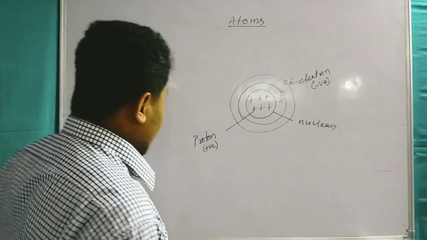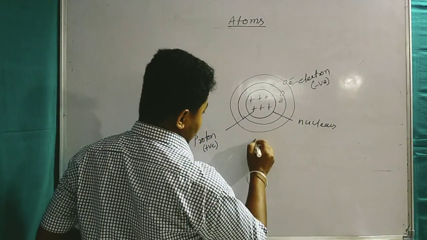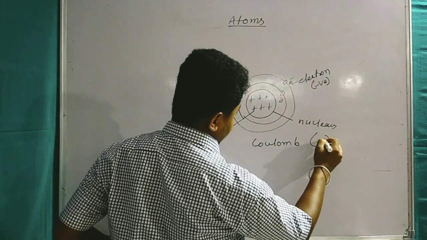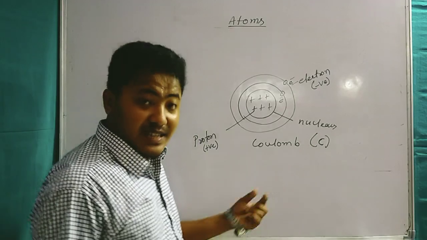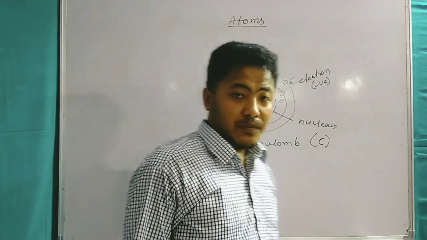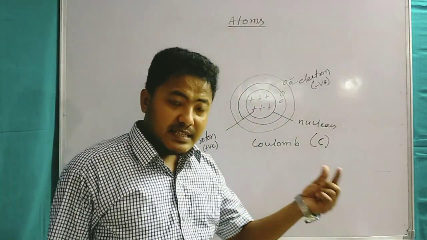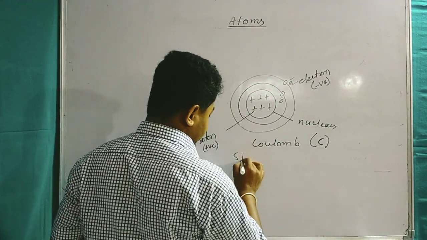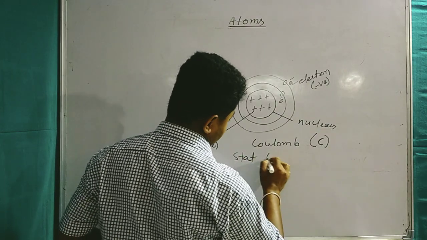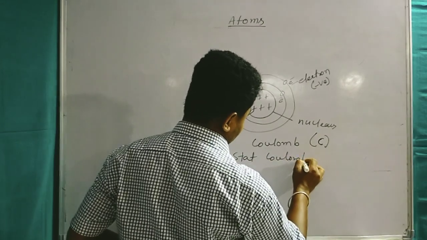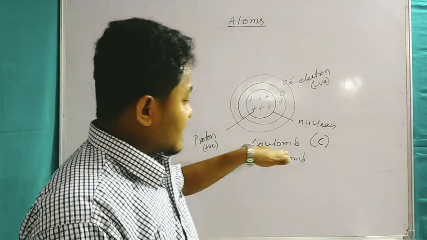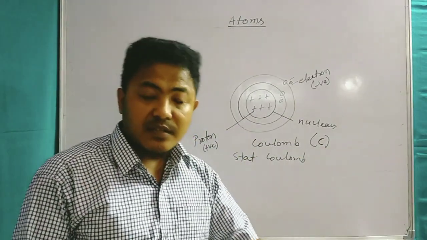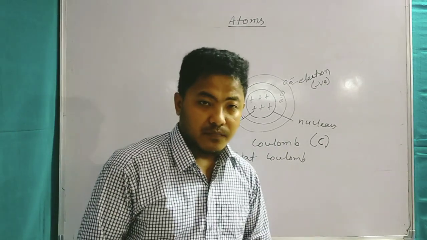The SI unit of electric charge is coulomb, written as capital C. There is also a CGS unit of electric charge, which you should know: the stat coulomb.